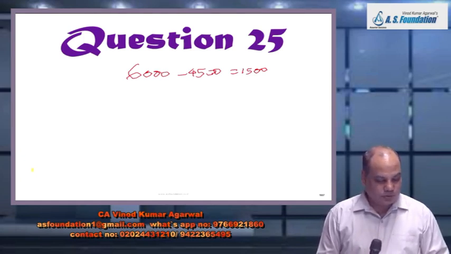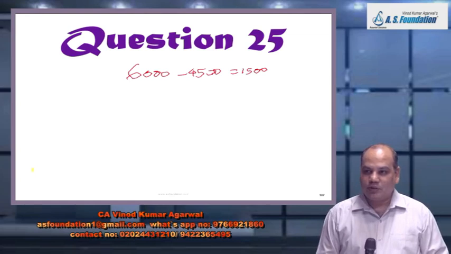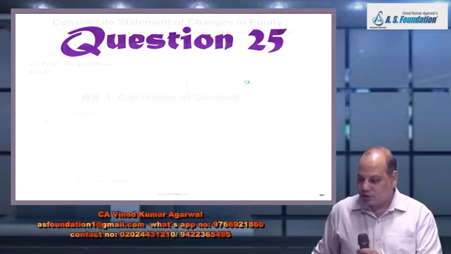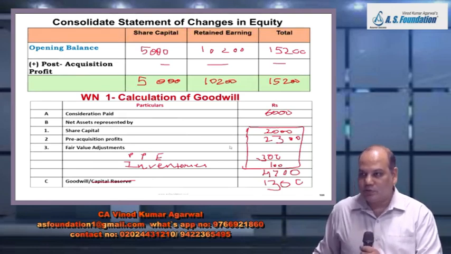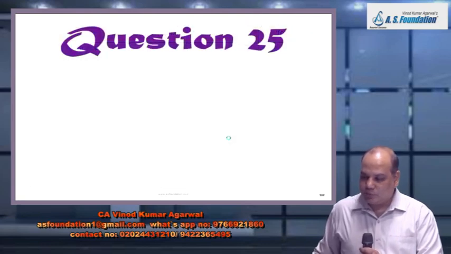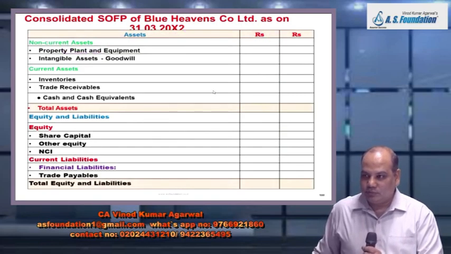Fair value is not given. 6,000 is the 100% value. You can take one of the two options: 1,500, or the proportionate share in net asset, which we had calculated here. Net asset is 4,700. So we'll take the proportionate share in net asset.